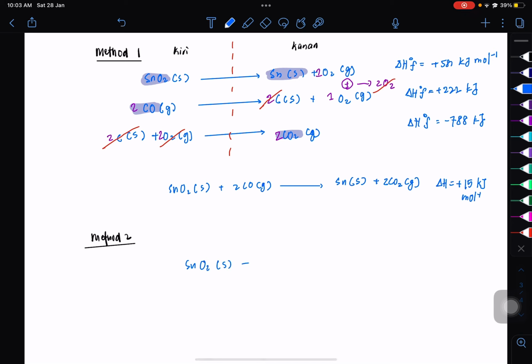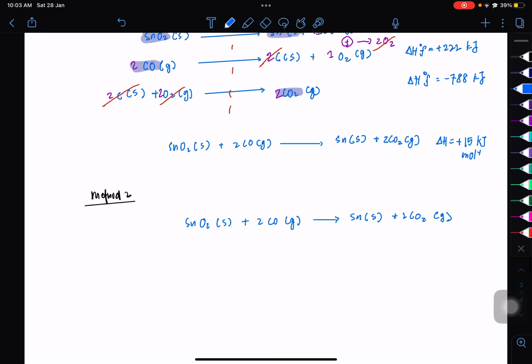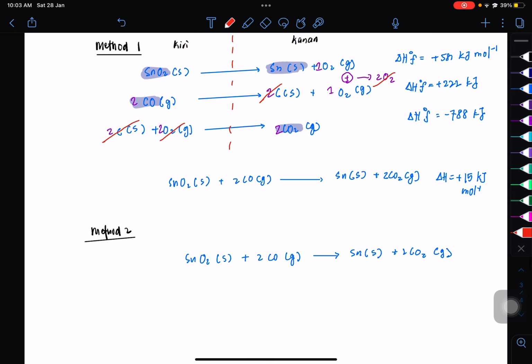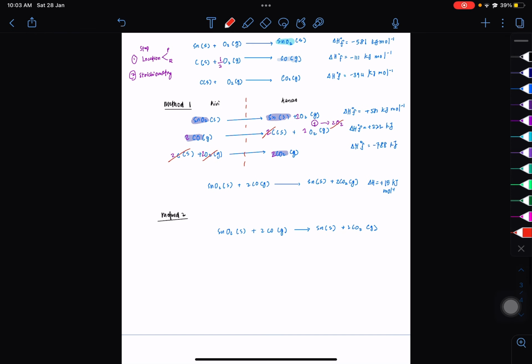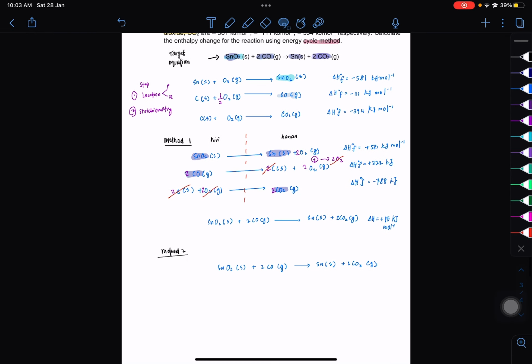That's it. So now for cycle method and energy cycle method, the first one I will do is I will saya akan salin the target equation. Okay, akan salin target equation yang dia ada bagi. Okay, then I will do like this. Okay, if you nampak je, saya salin balik yang ni. Sekejap, nak salin nilai.